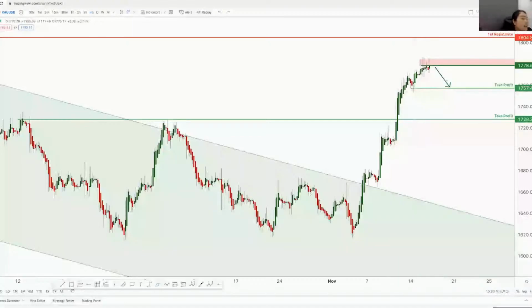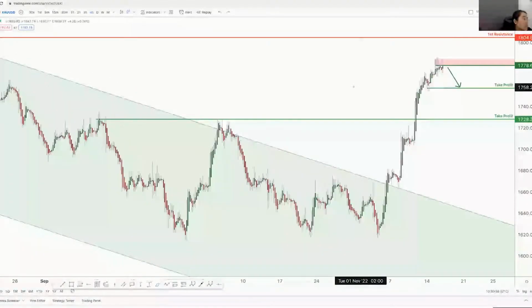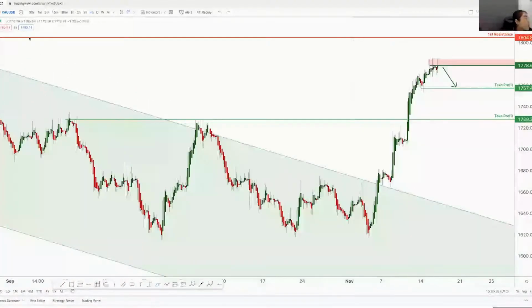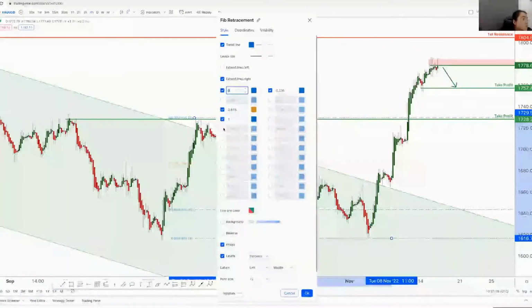The other thing I am doing that is supporting this analysis is combining this with Fibonacci levels. Whenever you do an analysis, 1.389, sorry.